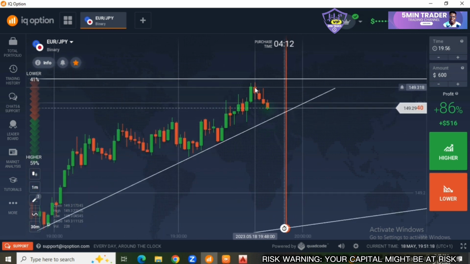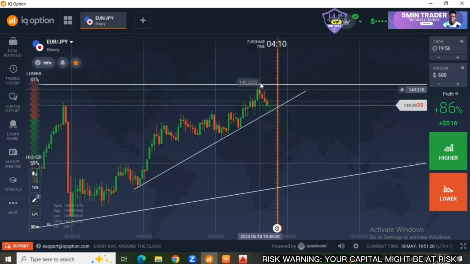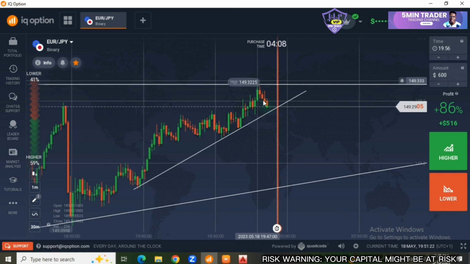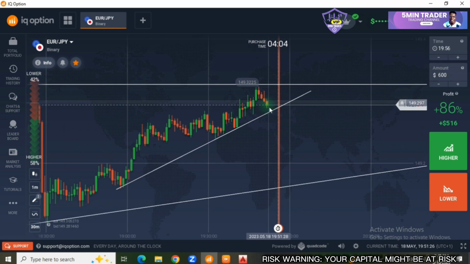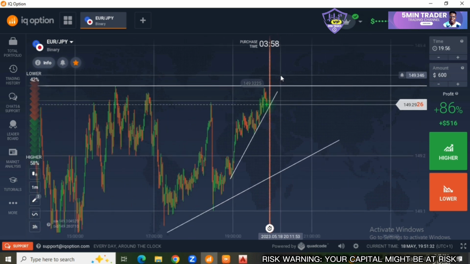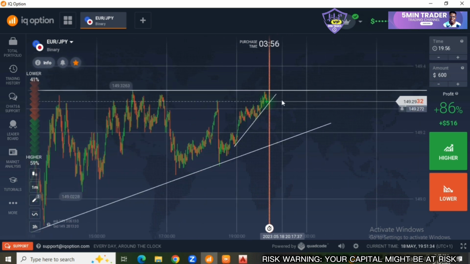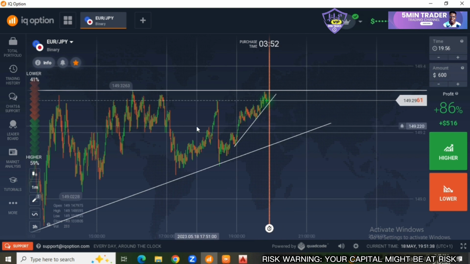This is showing a very strong sign that this is a seller's zone, and the sellers are actually stepping in. If we have a breakout from this zone, we are going to trade. But if we are unable to get this breakout and a new high is established, then we are going to wait for a retracement back to this level, and then we can trade here.